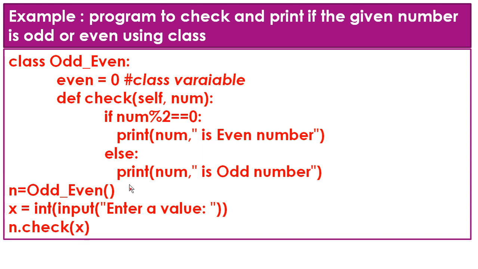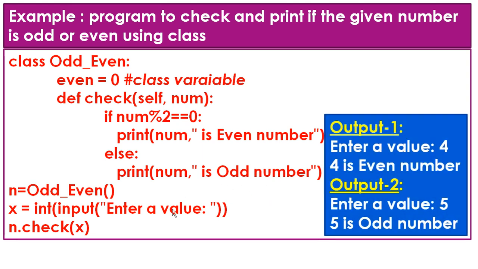This 5 is passed to num, so num divided by 2 gives remainder 1. The condition is false, so the else case is executed and we get the result: num is odd number.